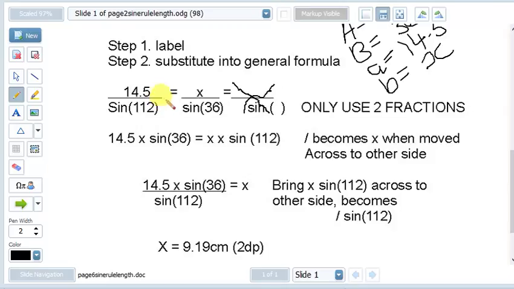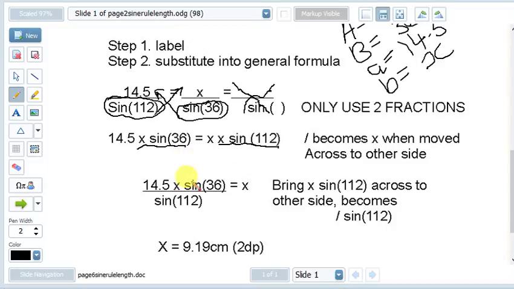Now the best way really of doing it is something called cross multiplication. Basically what you do here is you move this sine of 36 up there, so a divide by sine of 36 on this side becomes a times sine 36 when you move it across the equal sign and up, and the other one is you divide by sine of 112 on this side, so when you move that up there across the equal sign it becomes times sine of 112.